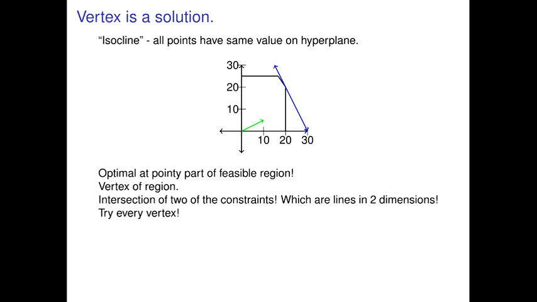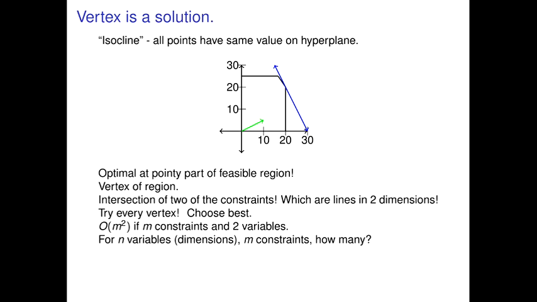There are m constraints, m lines, so there are at most m choose 2 of these intersections, and some of them are feasible, some are not. Then you check all of them: you check their objective value and check that they're feasible. So you can now do it, at least in 2 dimensions. It doesn't take infinite time, or uncountably infinite time.